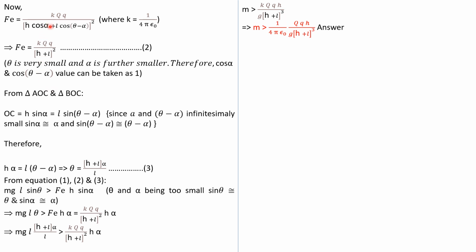Since theta is very small, alpha will be further smaller. Therefore cos alpha and cos(theta minus alpha) will be very close to 1, so we can take it as 1. So this equation will reduce to equation number 2.